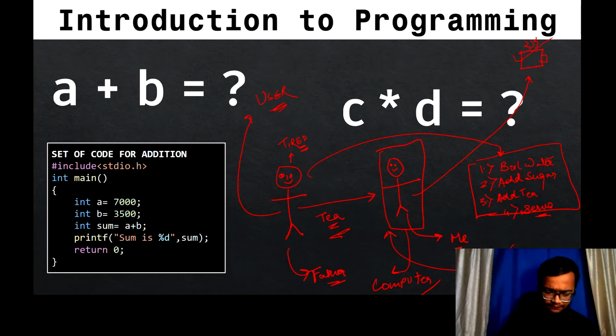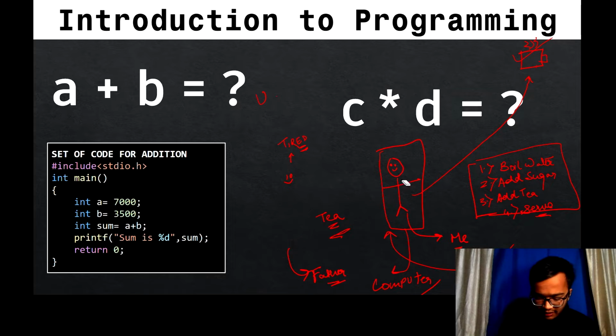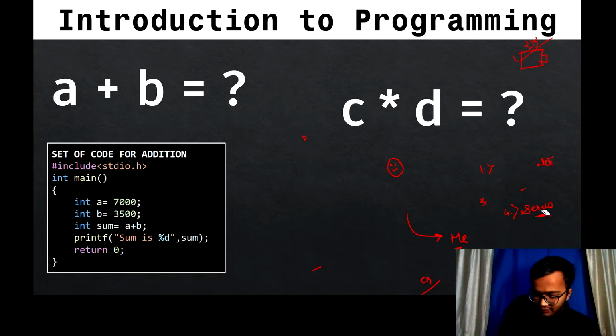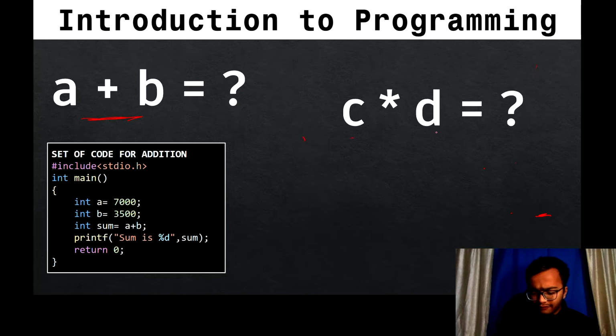And similarly, if you see this diagram which is drawn over here, if we remove all the annotations, it is explained that suppose you want to add two numbers, say A and B, or you want to find the product of two numbers, C and D. Suppose A has value 550012 and B has value 991721, big numbers.